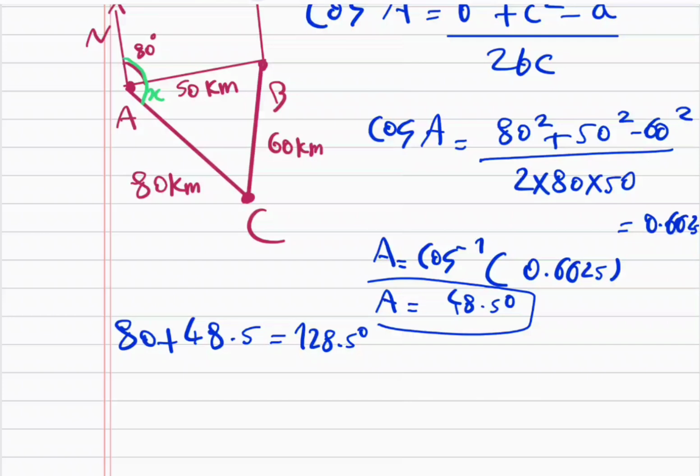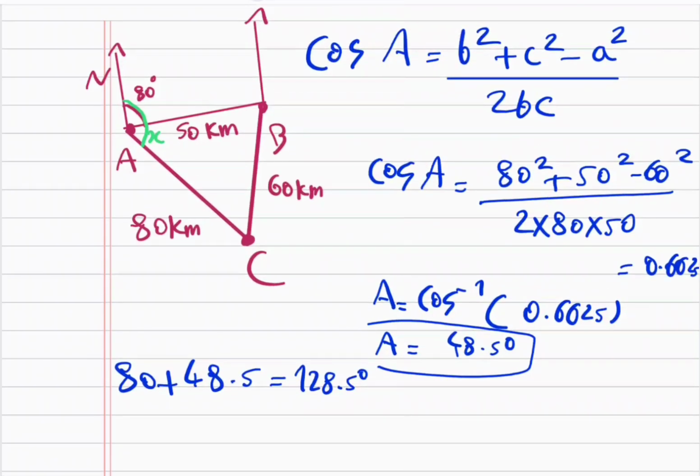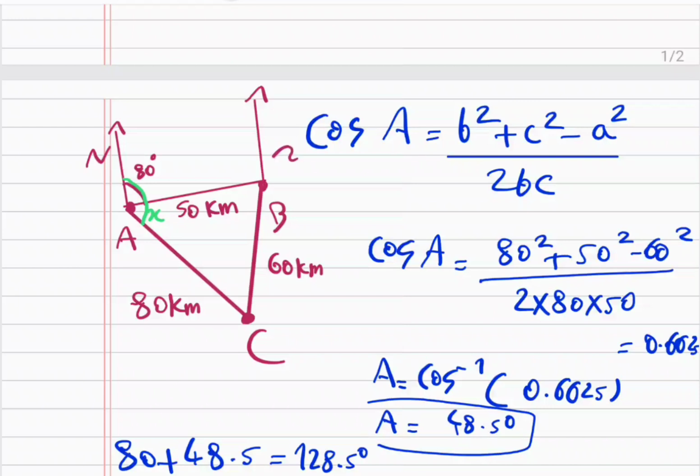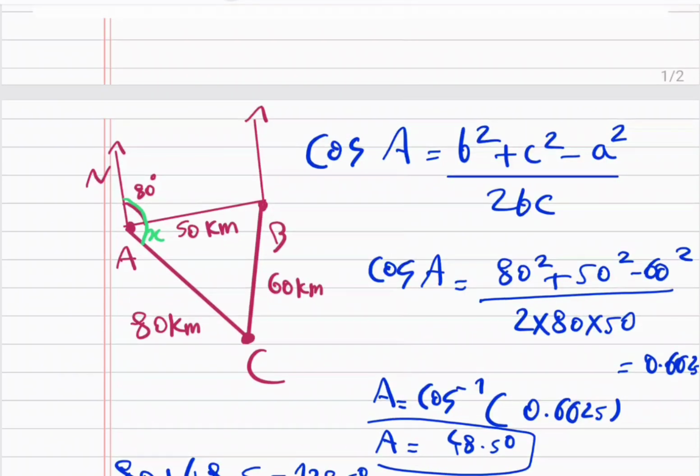However, as I said, this answer is valid when C is at the bottom, but if we had C at the top, because there are two possibilities, right? If we had C here, then we would again make another triangle like this. Now the difference here is that the bearing of A from C in this case is only this angle.